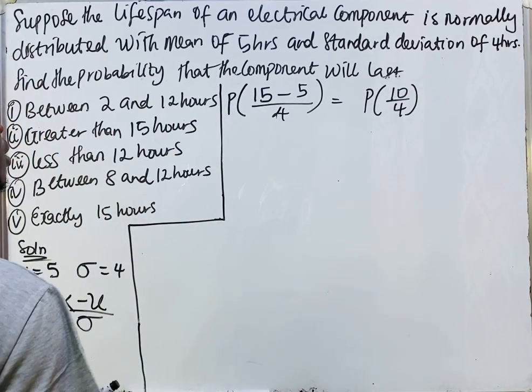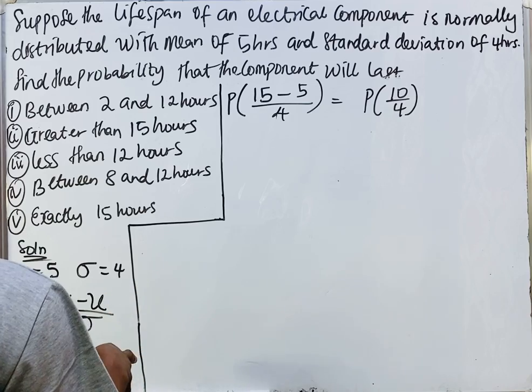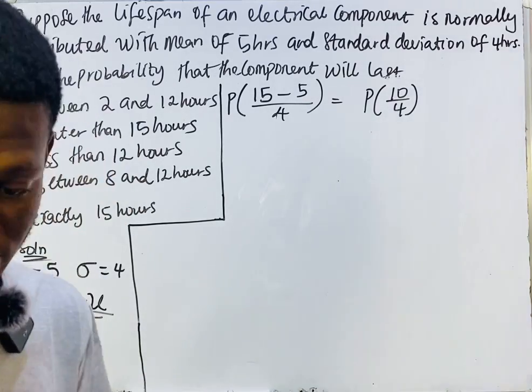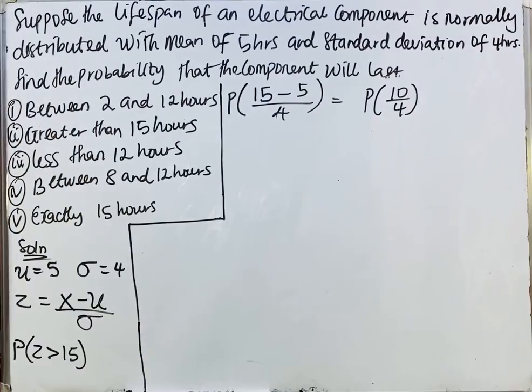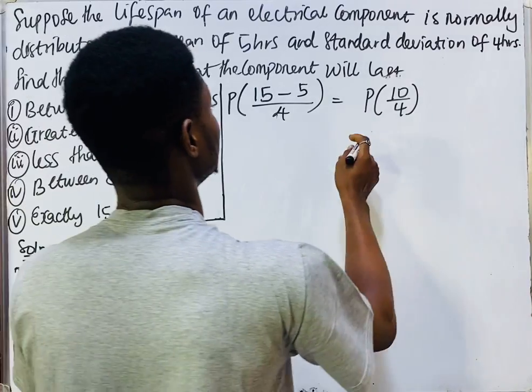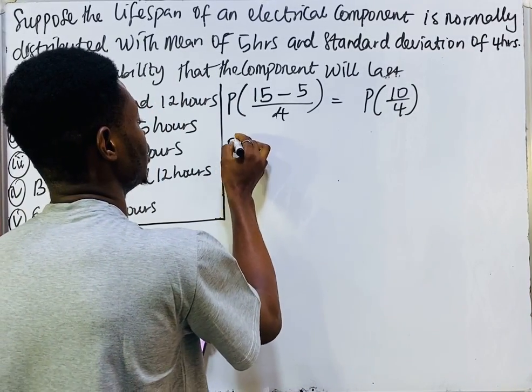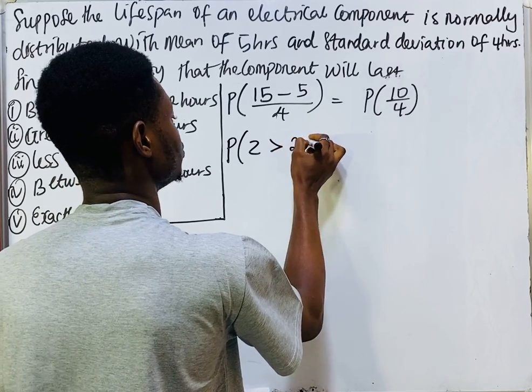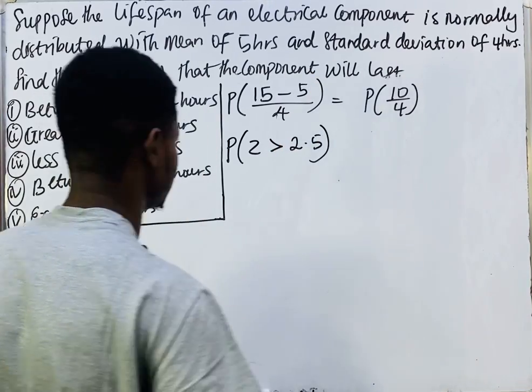Let me divide. We're having 2.5. So it will be P of Z greater than 2.5, like that.